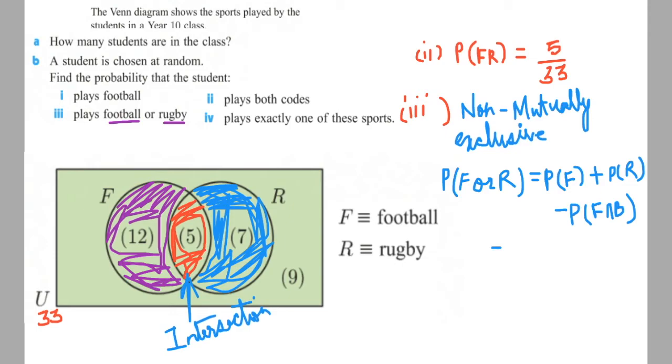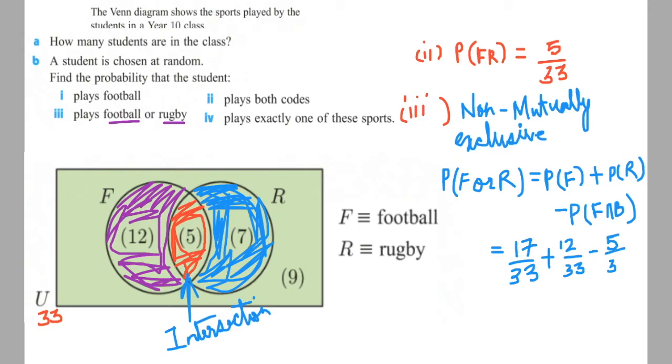So I will get probability of choosing a student who plays football is 17/33 plus probability of getting a student who plays rugby is 12/33 minus probability of the students who are playing both.